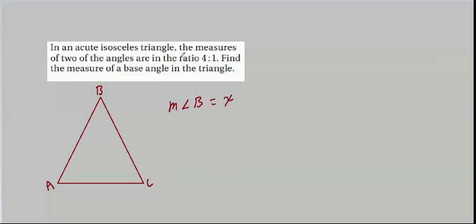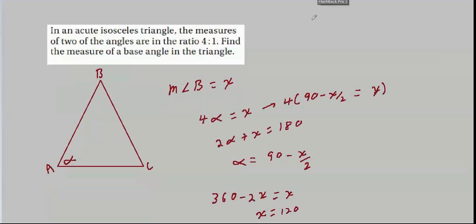Now, they're in the ratio of 4 to 1. So if this is measure x, and all we know is that one angle, either this angle is 4 times this, or this angle is 4 times this.